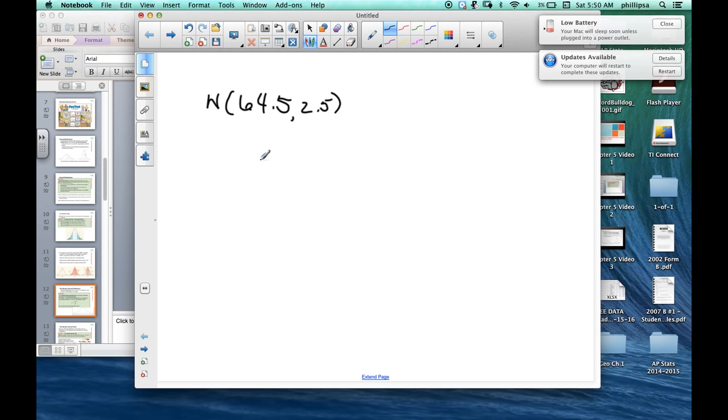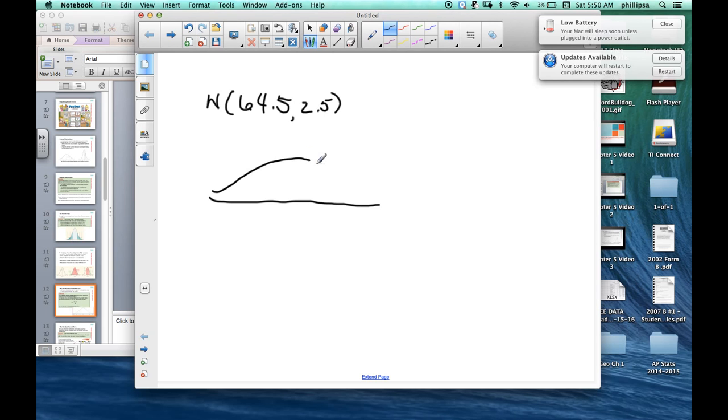So the first thing asks us to sketch a normal density curve for the distribution of the young women's heights, and we'll label 1, 2, and 3 standard deviations away from the mean. Okay, so it's a sketch, doesn't have to be perfect.